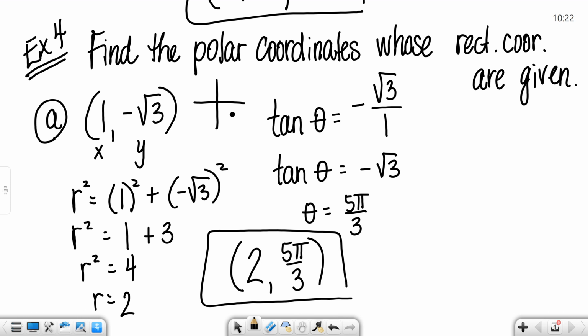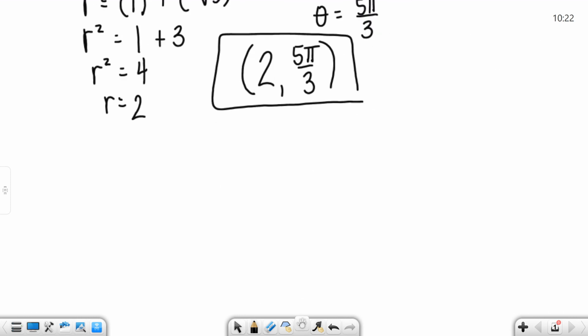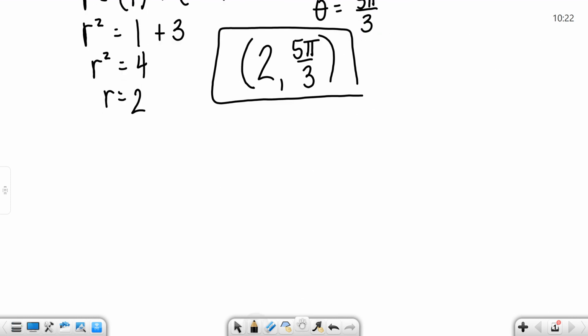Same directions. I'm going to give you rectangular. You are going to find the polar. Actually, let's try one more. I think that's going to be enough.